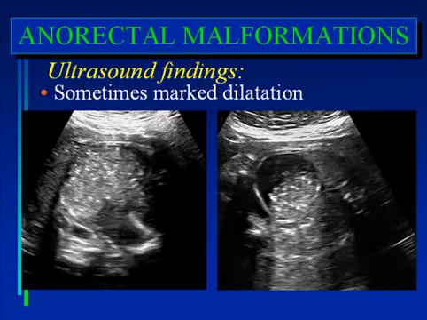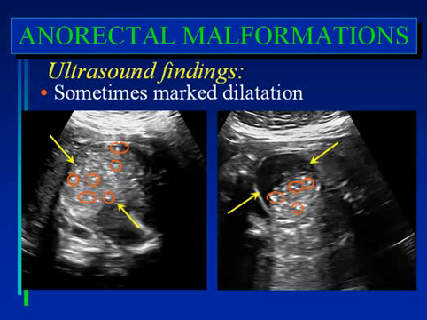And although some fetuses with anorectal malformations have no bowel dilatation, sometimes the dilatation of the bowel can be striking, as we see in this fetus with markedly dilated bowel, a large amount of material within the loops of dilated bowel and multiple calcifications within that material.